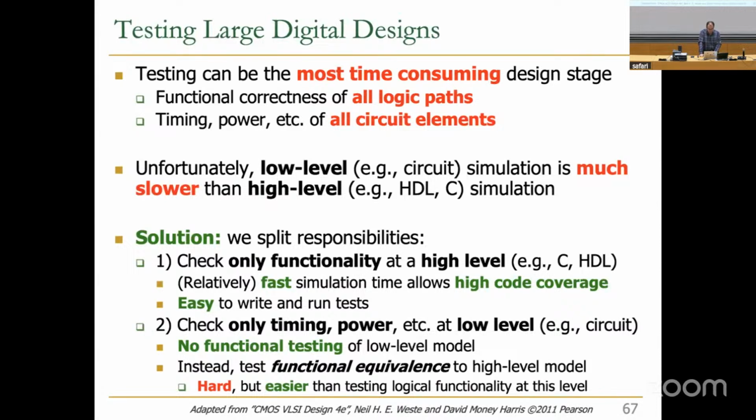So the functional equivalence would be there. But your circuit-level simulation might violate timings, and that's another issue which you need to fix. Still, this functional equivalence checking is also hard, but easier than testing logical functionality at low level, essentially. Any questions?